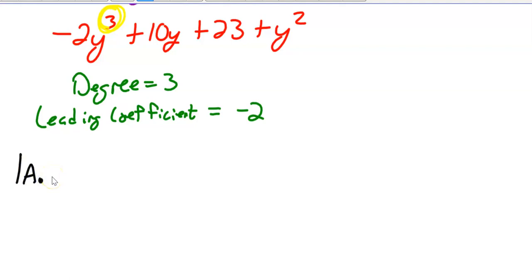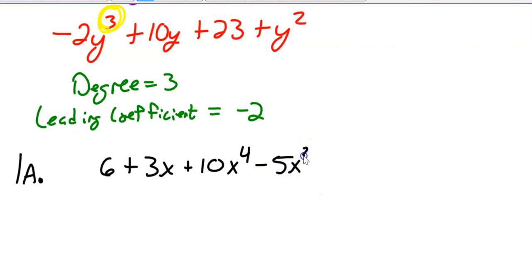Okay, let's give you one more of those. Okay, so let's go with 6 plus 3x plus 10x to the 4th minus 5x squared.